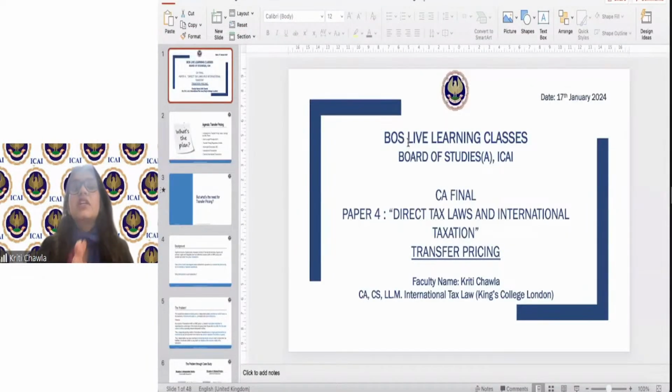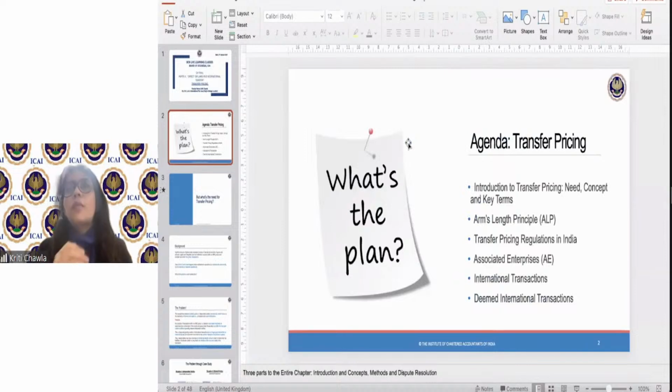As far as this lecture is concerned, our topic, as you all know, is transfer pricing. If you look at the study manual from the institute, it's a very lengthy chapter. So I've divided the entire chapter on transfer pricing into 3 parts. The first part is going to be around the introduction and a few concepts that you should know in transfer pricing, and that is what we're going to focus on in today's lecture.